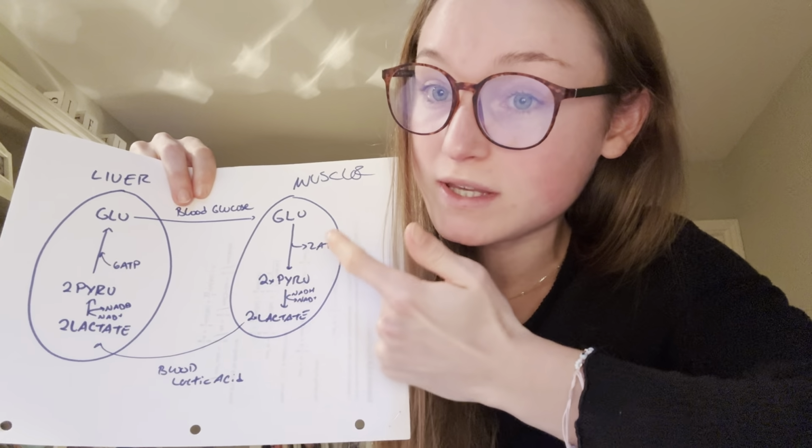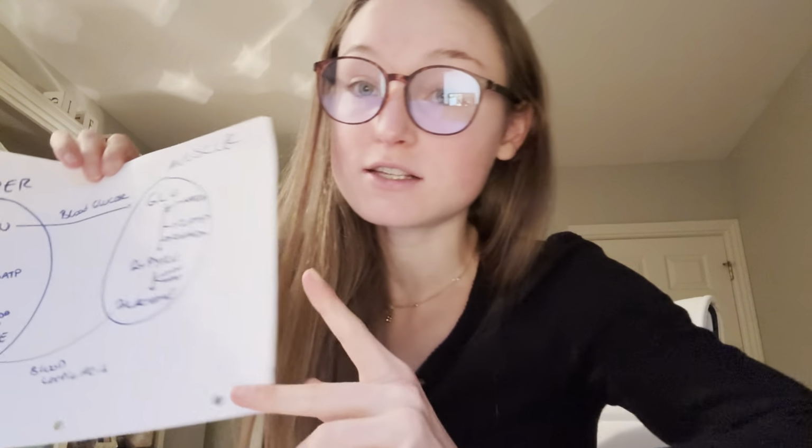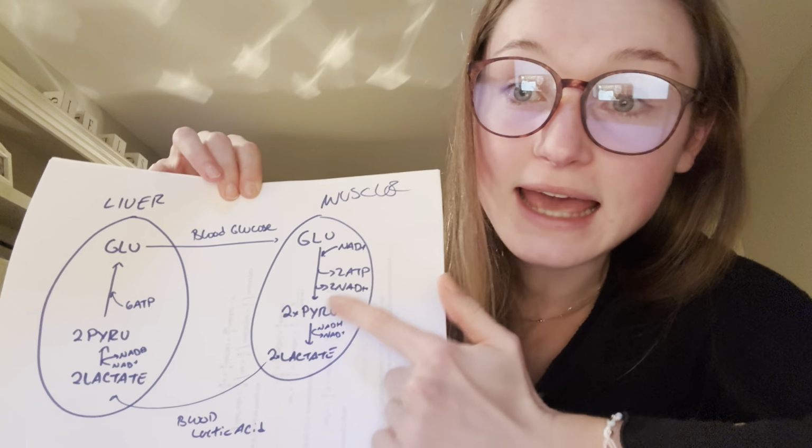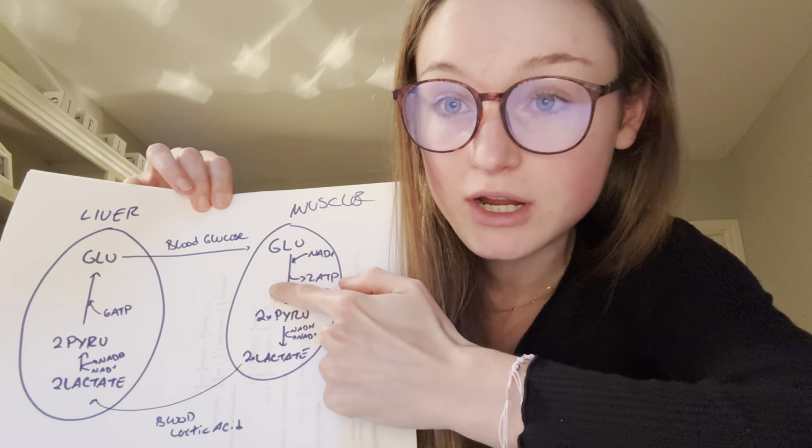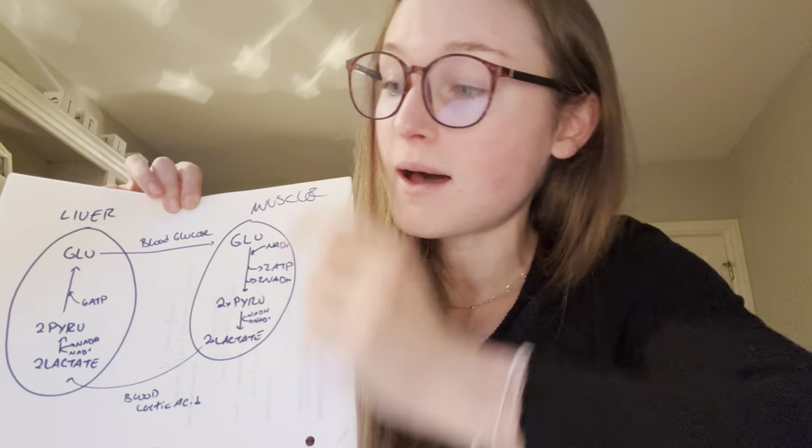Then we yield pyruvate, and we also yield 2 NADH. By the way, when we are doing glycolysis, we need NAD+. We cannot do glycolysis without adding NAD+ in here and then spitting out NADH.